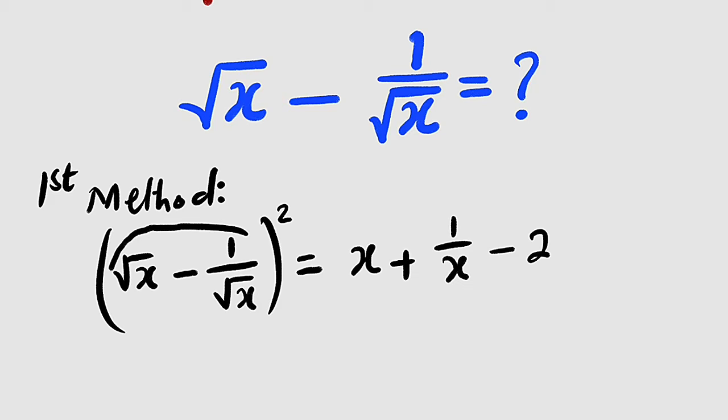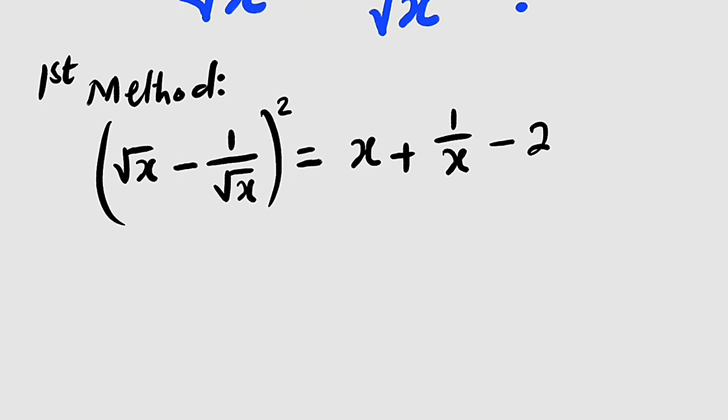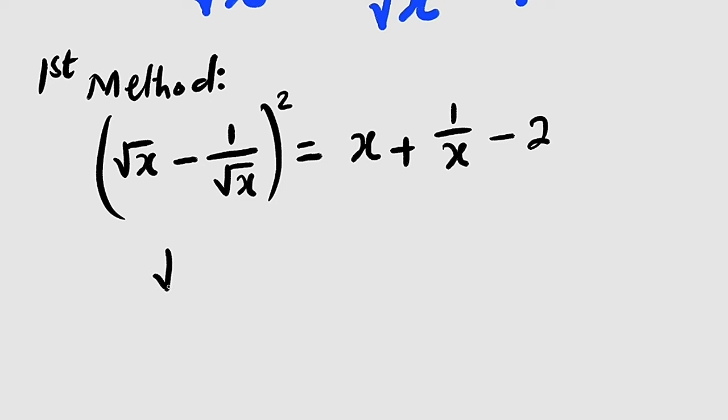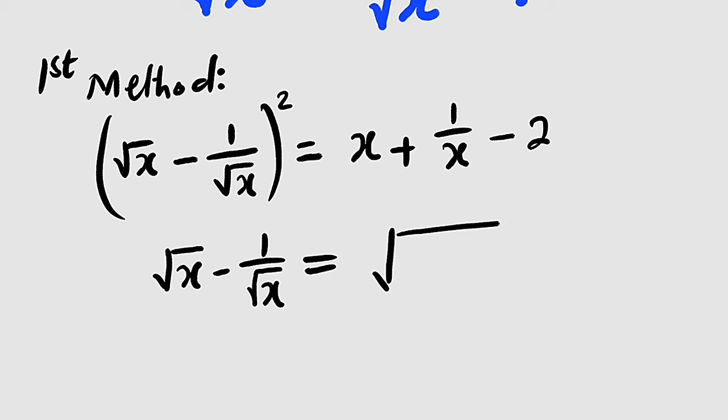But remember, this is exactly what we are looking for. Therefore, we are going to take the square root of both sides, leaving only the square root of x minus 1 divided by the square root of x on the left-hand side. And on the right-hand side, we have the square root of x plus 1 divided by x minus 2. Some people might ask, why did I neglect plus or minus here?